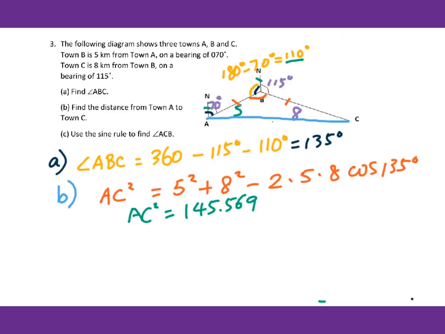After you get the answer for AC squared, you do the square root of both sides. Got AC equals 12.065 kilometers will be the answer for AC. So we label that 12.065. This is 135 degrees for angle B.